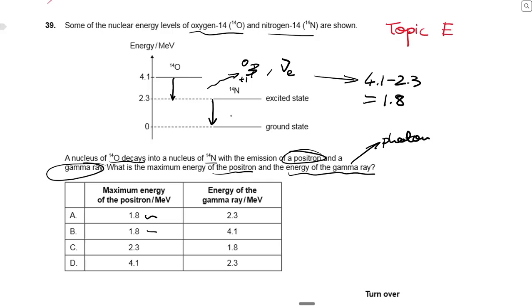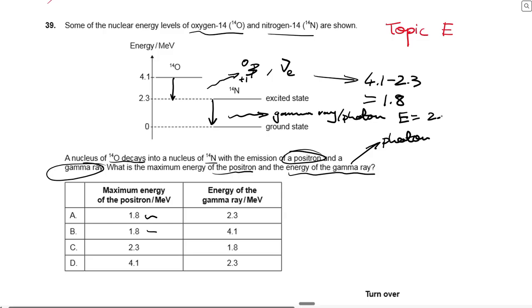When it comes back to the ground state, it emits its gamma ray, which is just a photon that has an energy equal to this energy difference. So E is equal to 2.3 minus 0, which is 2.3. The energy of the gamma ray would be 2.3. So our answer is A.